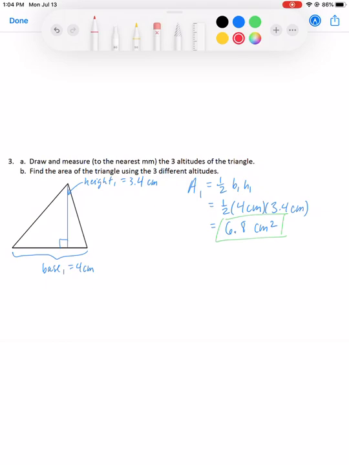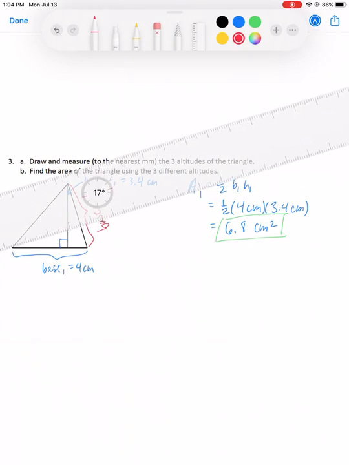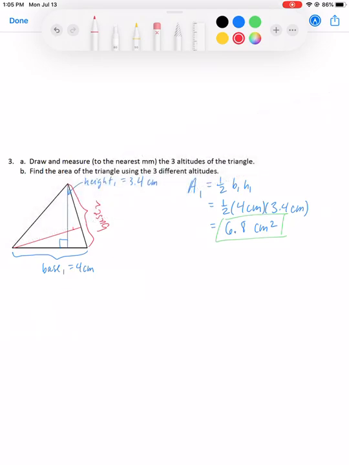red now for this. This is my base right here. Base number 2. Height number 2, I'm going to get my ruler out. Okay, and place it right there. Draw my line. And this is going to be the altitude, or the height, the distance from the bottom to the top.